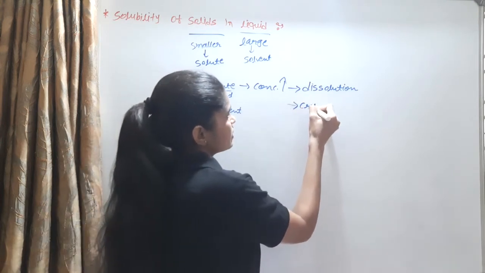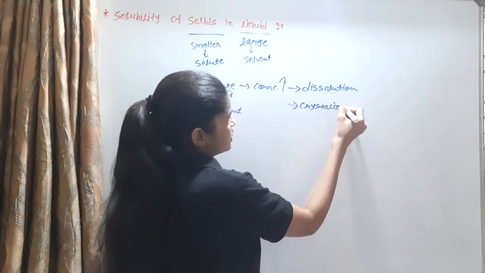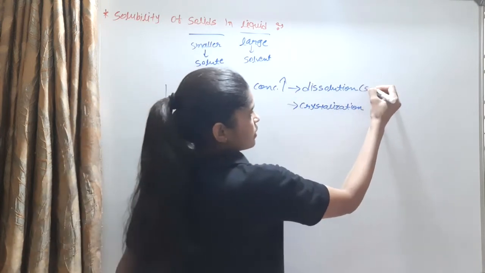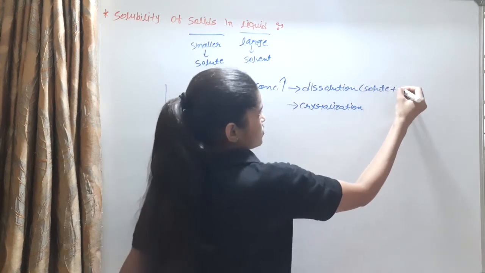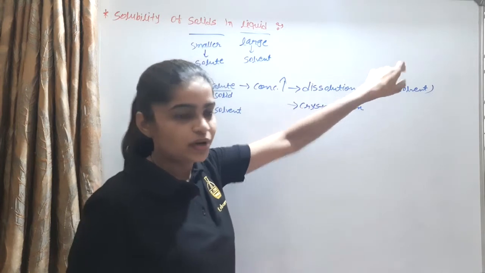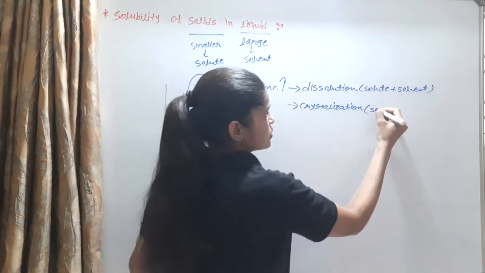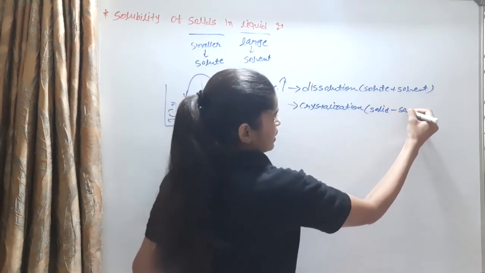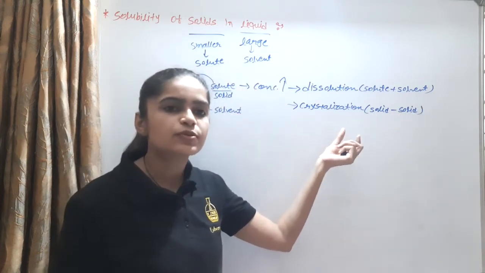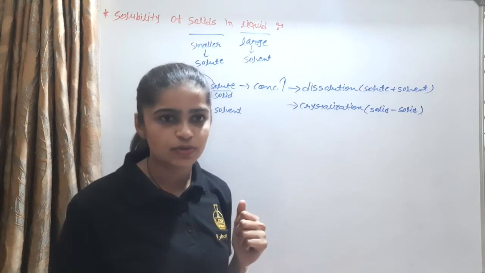The second term is crystallization. In dissolution, solute plus solvent, that means the solute dissolves in the solvent. In crystallization, a solid particle and another solid particle give precipitation. So this process is known as crystallization.